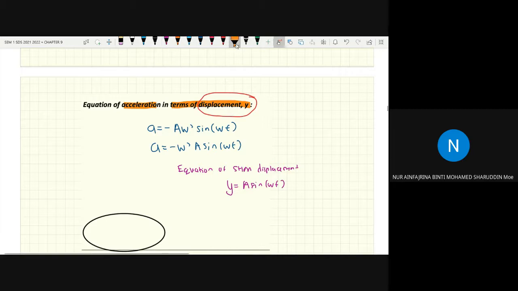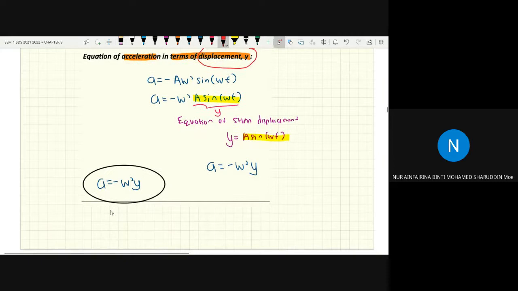A sin omega t. Okay, sekarang kalau Miss highlight dia, korang nampak tak? Jadi Miss akan dapat equation apa? Negative omega squared darab dengan y. Very good. So the whole thing ini adalah y, so darab dengan y. That's all. So you akan dapatlah a equals to negative omega squared y.